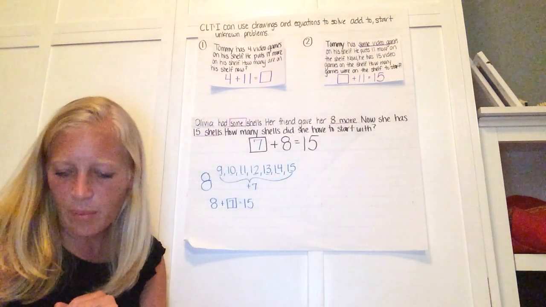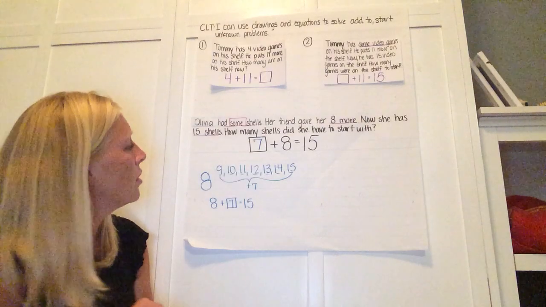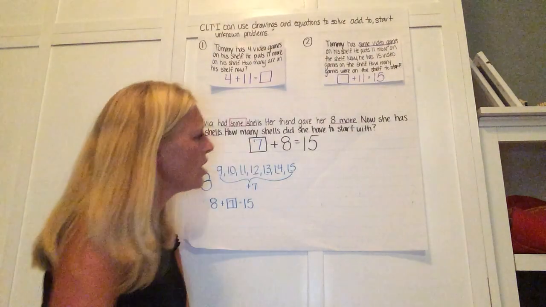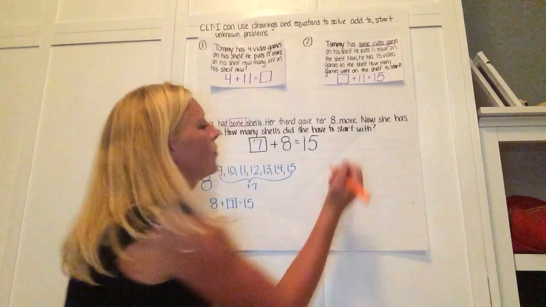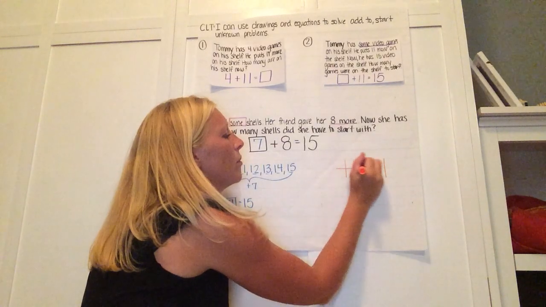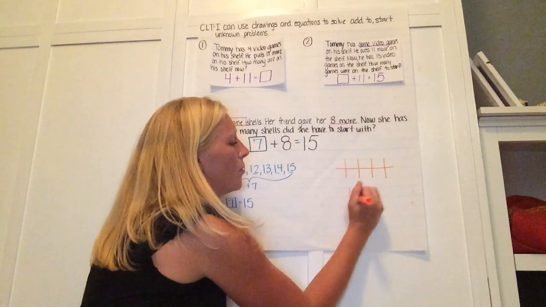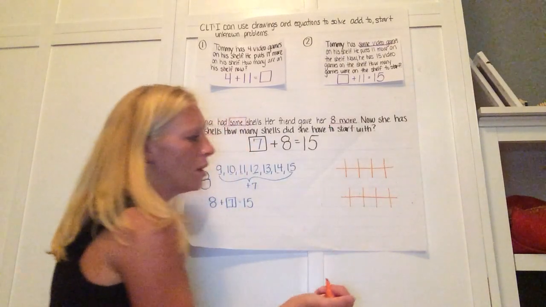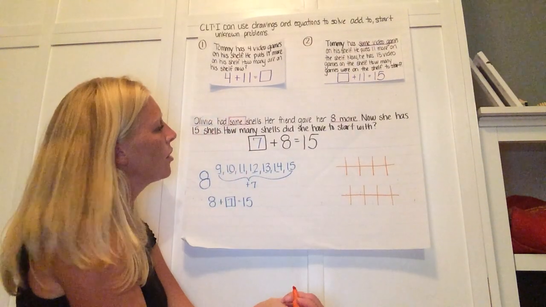There's another one I want to share out. Let's see if we can talk about that one too. Can I have you share your strategy? What did you put in your 10 frames?